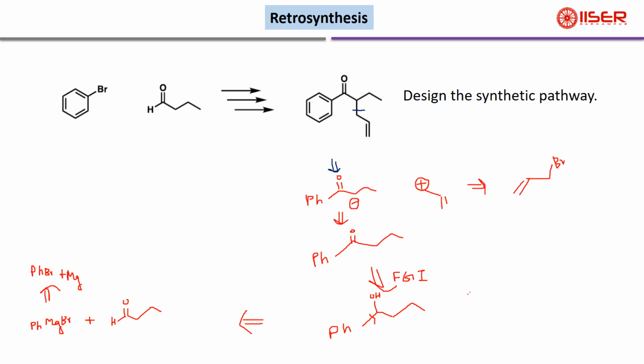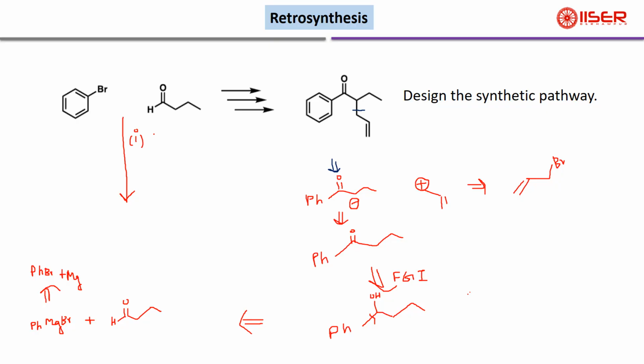So if we draw the forward synthesis of this one, I'm just writing the reagents one by one. Forward mechanism you guys try by yourself so that it will give a clear idea.